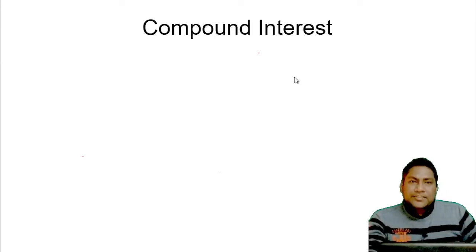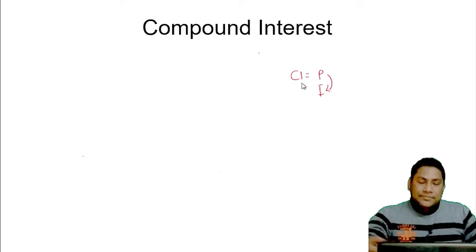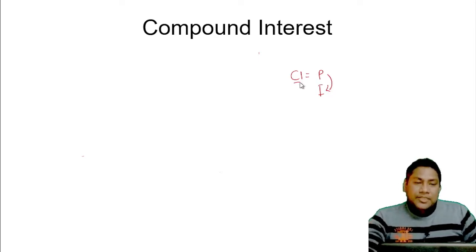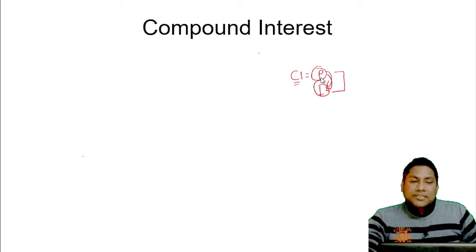According to the definition, CI is calculated on principal plus the interest that has been taken from the principal in previous years. So we know that P plus I, that is principal plus interest, is none other than amount.